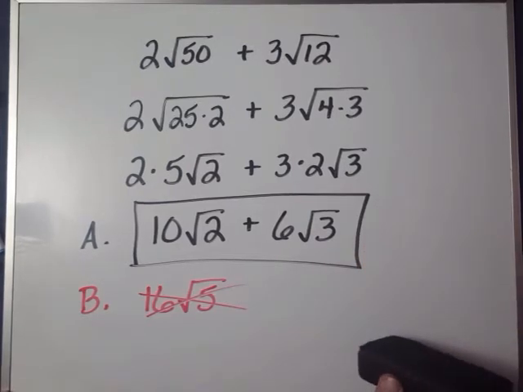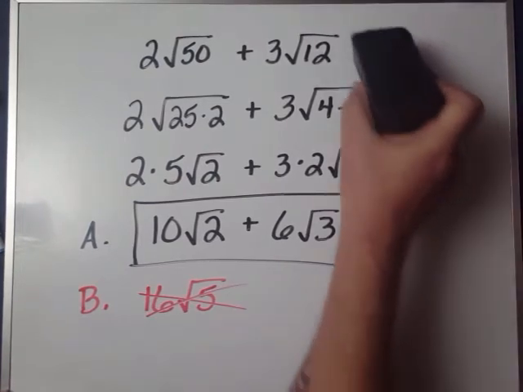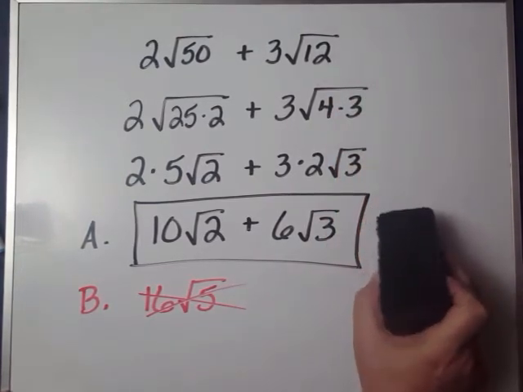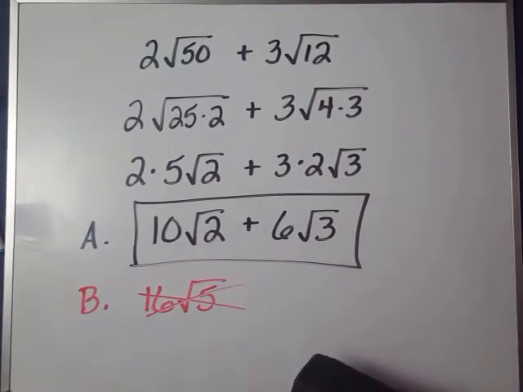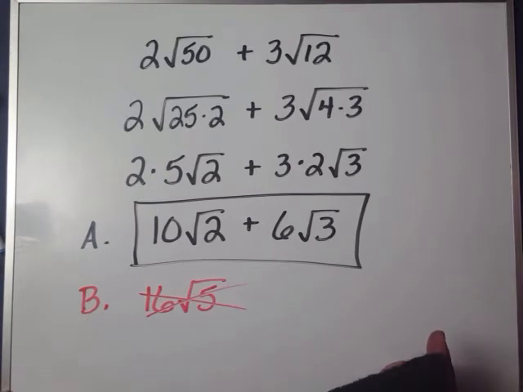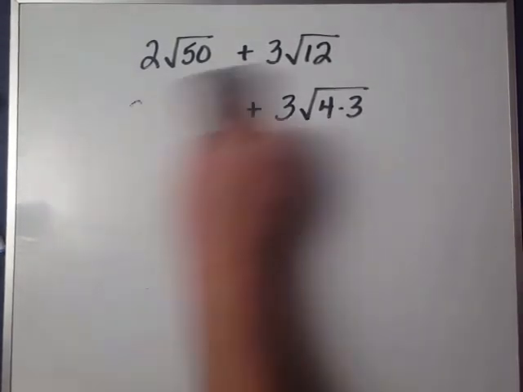So here we have to stop when we see those are unlike radical terms, but we did have to do what we did. We're not allowed to have perfect squares under a square root, so we did have to simplify each term. It's just in this particular case, we can't go any further because we have no like radical terms to add together.